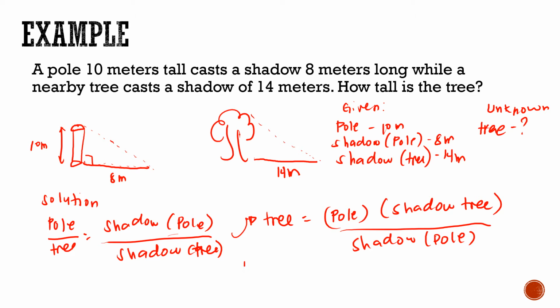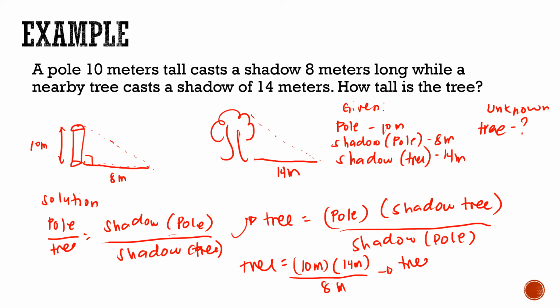I just simply cross multiply this, and then whatever the value of this, we will just simply divide by the shadow of the pole. So the pole is 10 meters times the shadow of the tree, which is 14 meters, divided by the shadow of the pole, which is 8 meters.